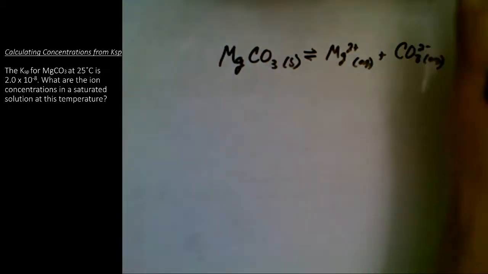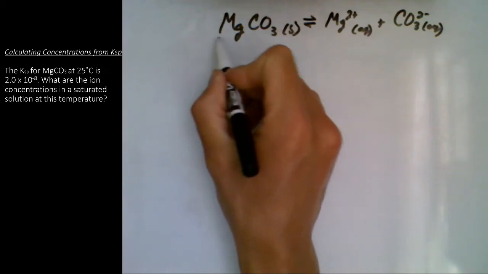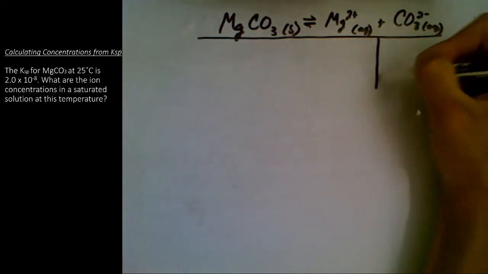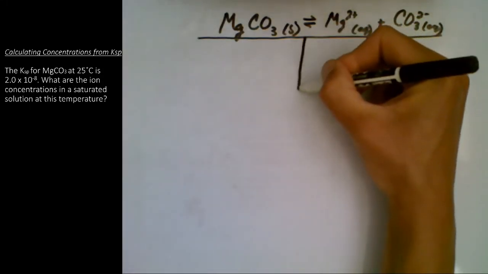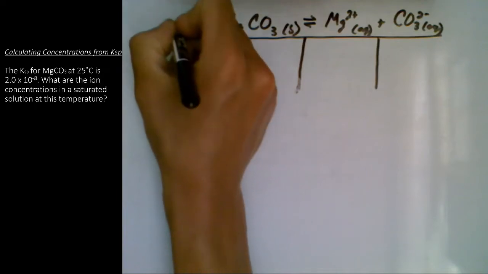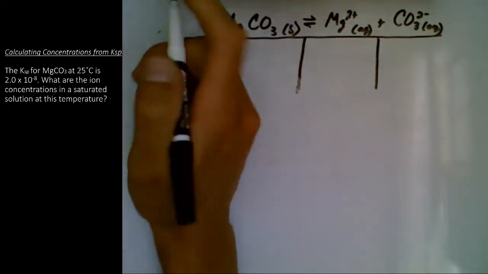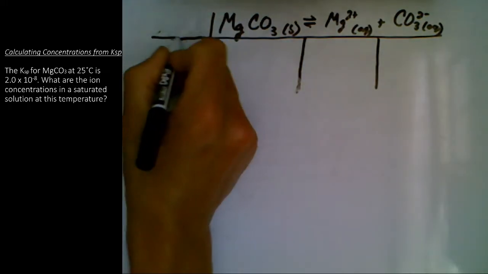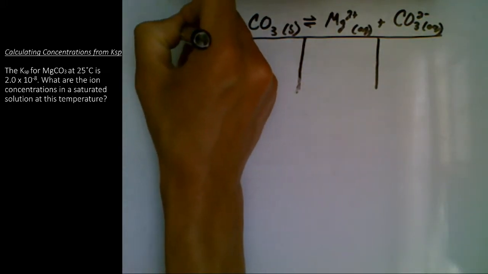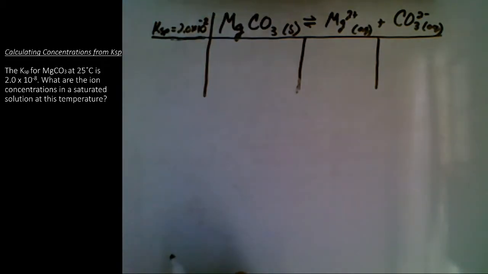Now I said we're going to use an ICE box to solve this, so let's build our ICE box. So I need to make a column for each of these substances. We know that we're trying to find the actual concentrations, and we know from the question that the Ksp is 2.0 times 10 to the minus 8.